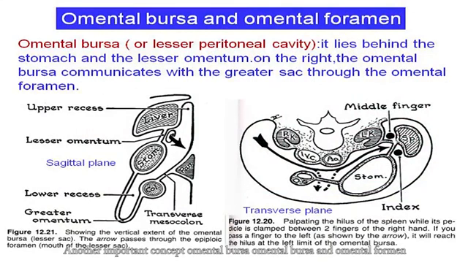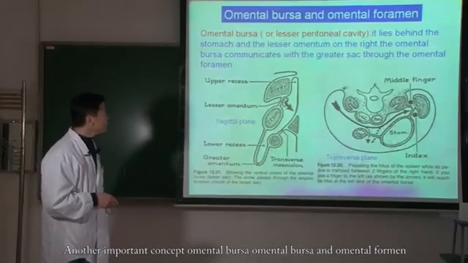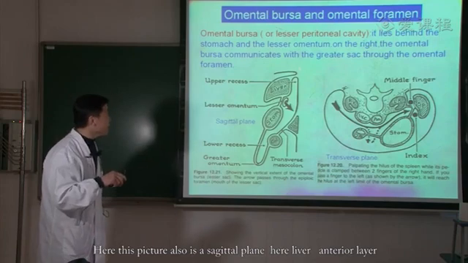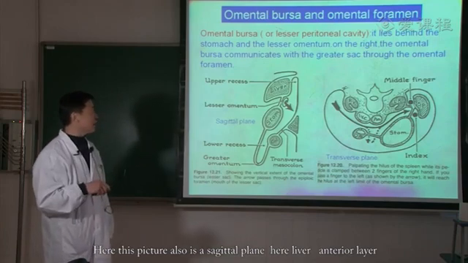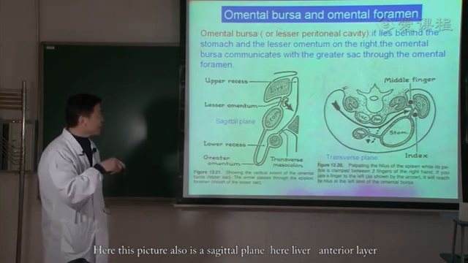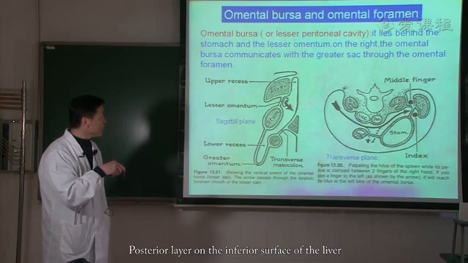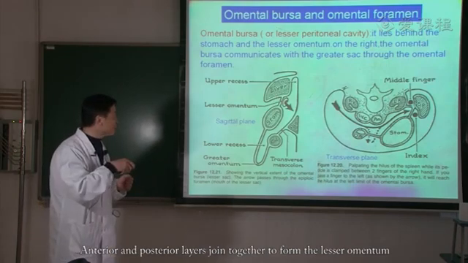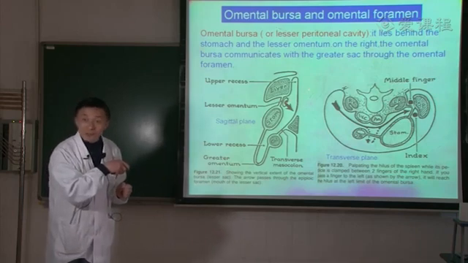Another important concept: the omental bursa and omental foramen. This picture is also a segmental plane. Here, liver, anterior layer, posterior layer. On the inferior surface of the liver, the anterior and posterior layers join together to form the lesser omentum.